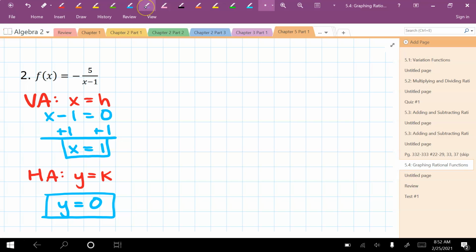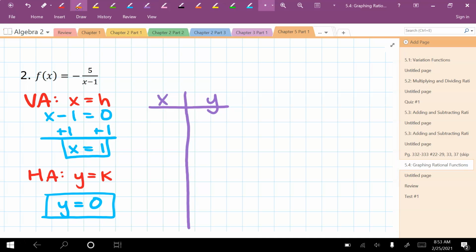Okay, so then the next thing we needed to do is make a chart. From that first problem, what did I say you base your numbers off of? Your asymptotes. And we do it basically off of the vertical asymptote, which we said x equals 1.